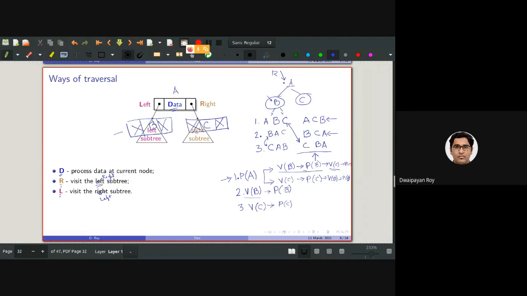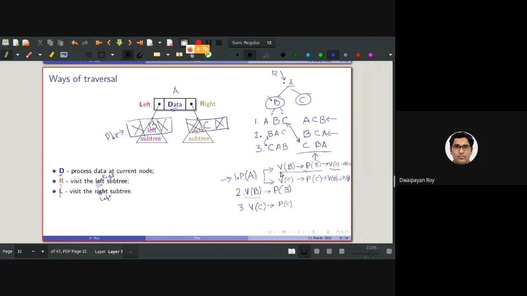So for here, I am actually visiting, meaning the pointer that I am using is actually pointing to this. But there is no pointer from here to here. There is a pointer from here to here, but there is no pointer using which we will be able to go from here to the A.